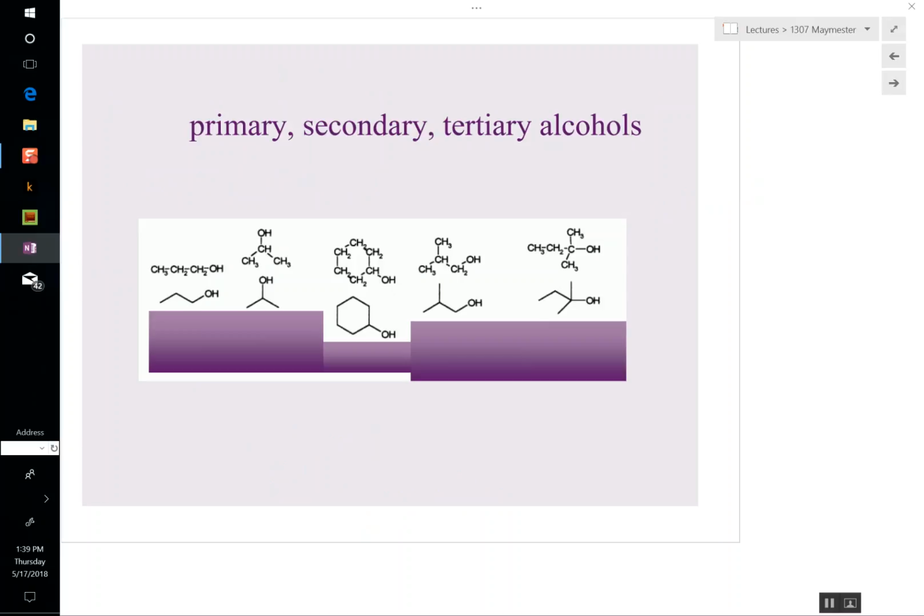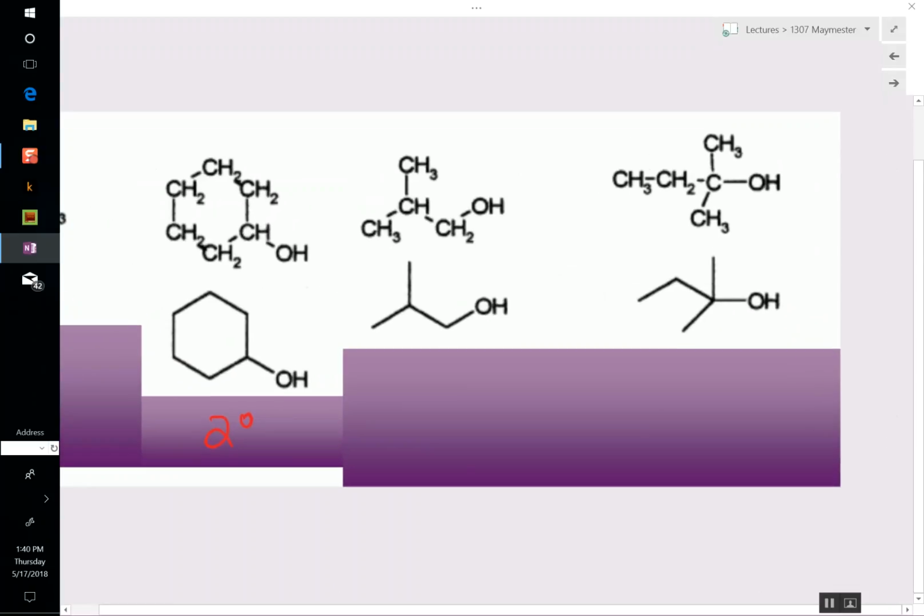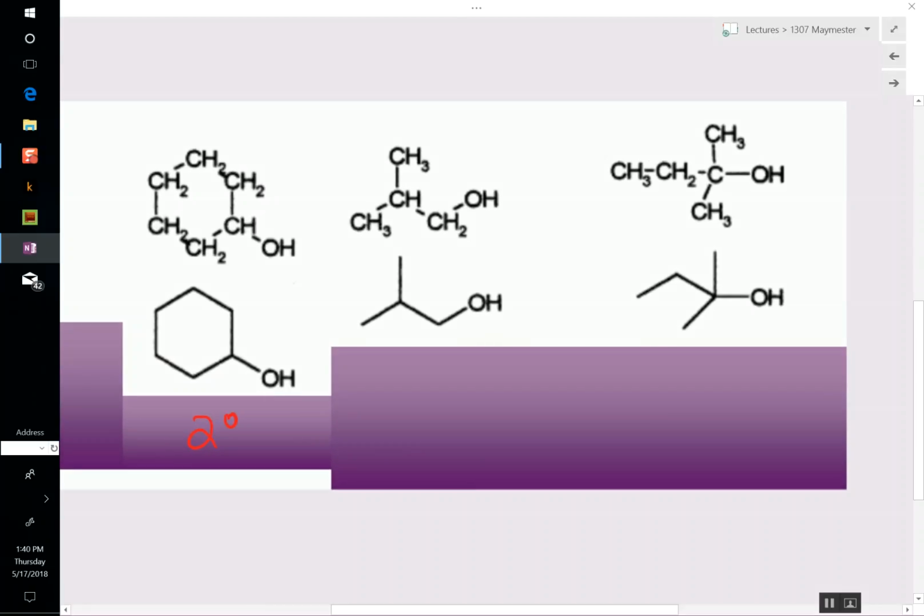Okay, again, let's run from the left to the right. Just primary, secondary, or tertiary? Primary? Secondary? Secondary? Okay, this one is interesting here because this is a primary.